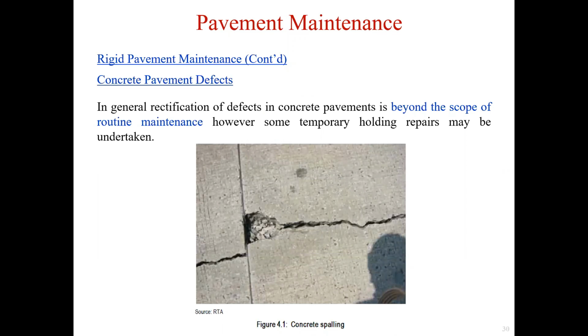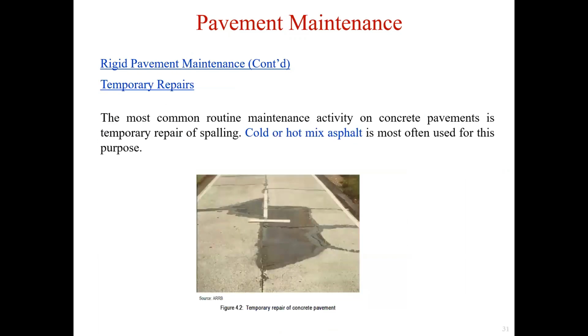The rectification of defects in concrete pavements is beyond the scope of routine maintenance. However, some temporary holding repairs could be undertaken. The most common routine maintenance activity on concrete pavement is temporary repair of spalling.